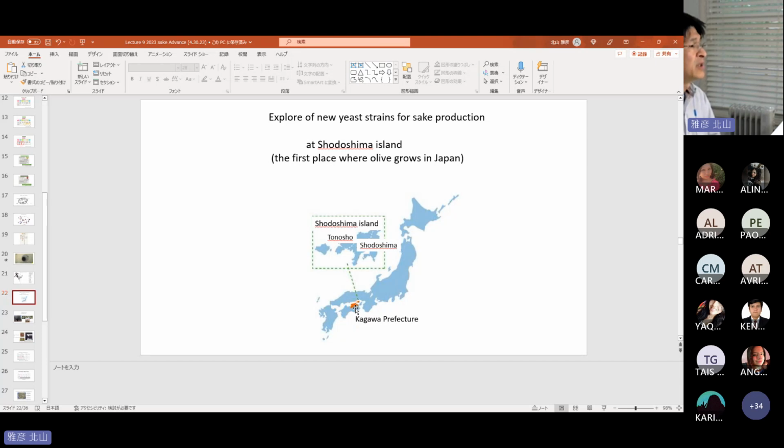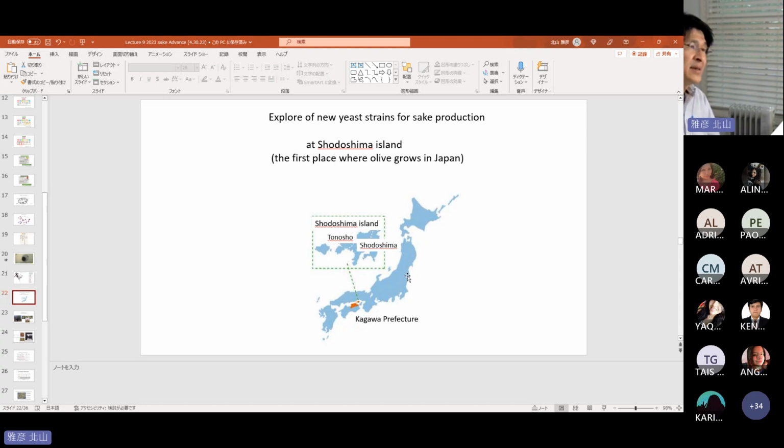This is my hometown in the southern part of Japan. And it has Shodoshima Island, a small island. This is the island where the Japanese government succeeded in planting the olive tree. More than 100 years ago, the Japanese government tried to grow olive plants in Japan.